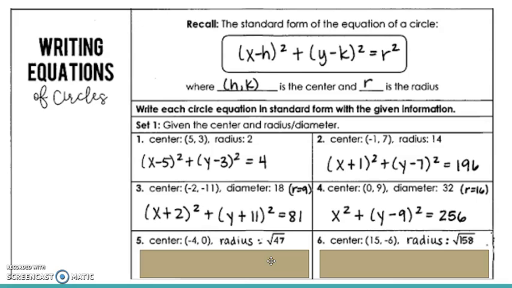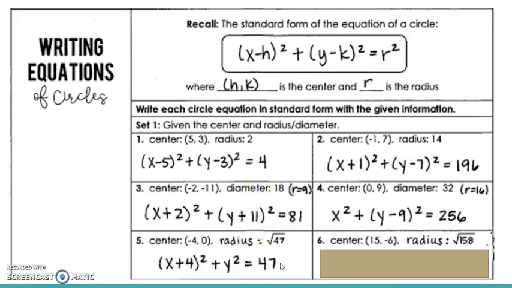Now, it looks a little complicated having the square root as your radius, but when we square it, squaring a square root cancels it out, so I'm just left with 47 as my r squared. Again, when we have a 0, we can write it in as (y - 0)^2, but that 0 doesn't really do anything, so we can just write y squared.